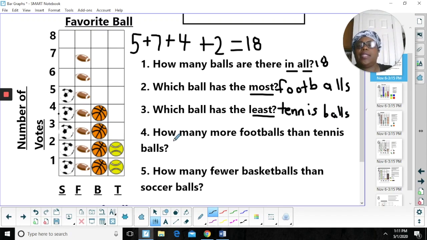All right. Now it says, how many more footballs than tennis balls? How many more footballs than tennis balls? So now here is a keyword here, or keywords, many more. Are we going to be adding this time or subtracting? Okay, we're going to be doing some subtraction this time, okay?